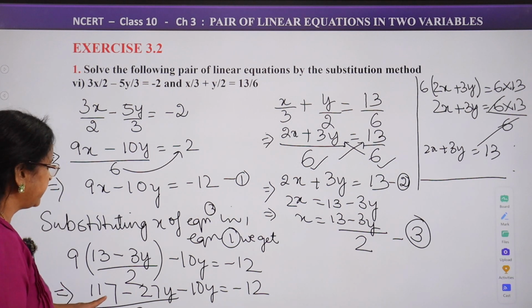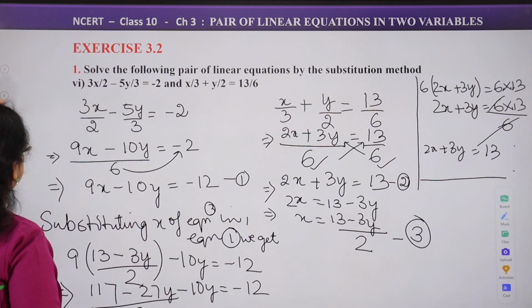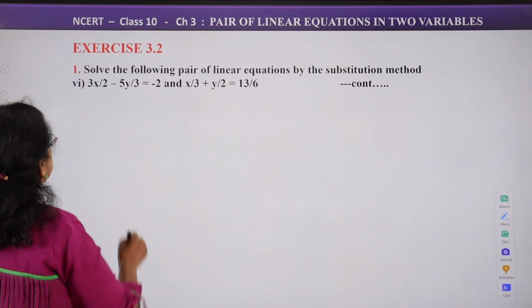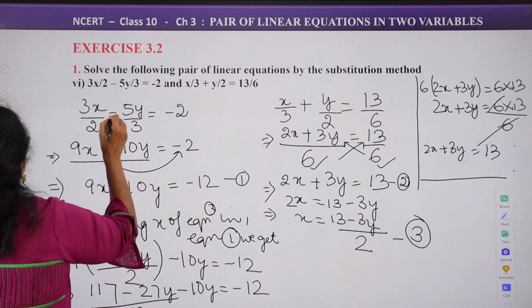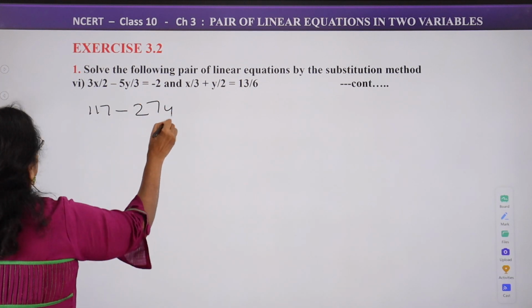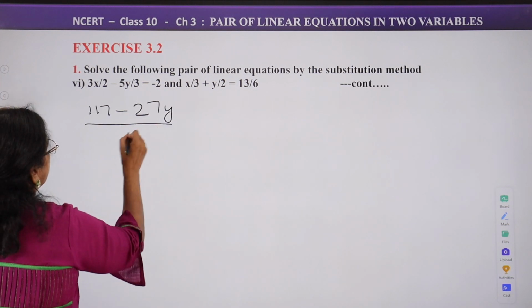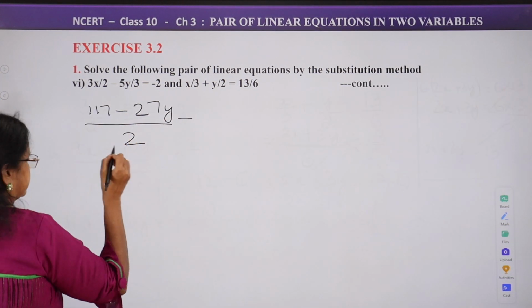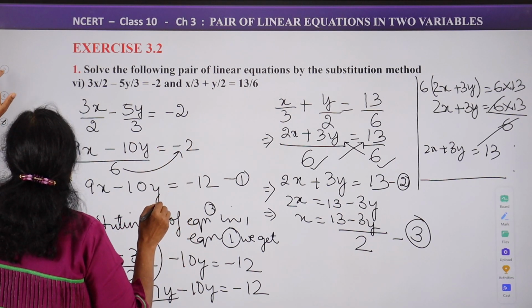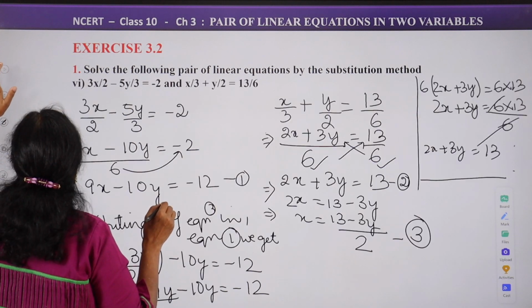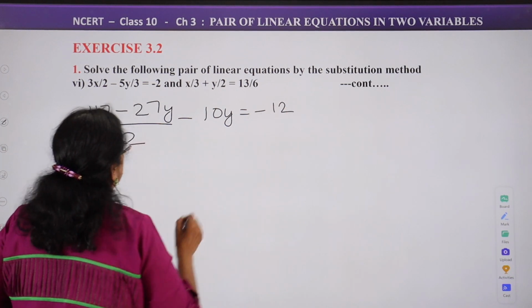Now, 117 minus 27y whole by 2 minus 10y is equal to minus 12.